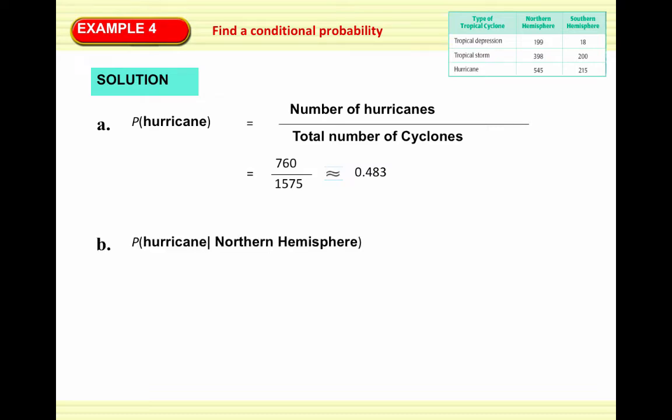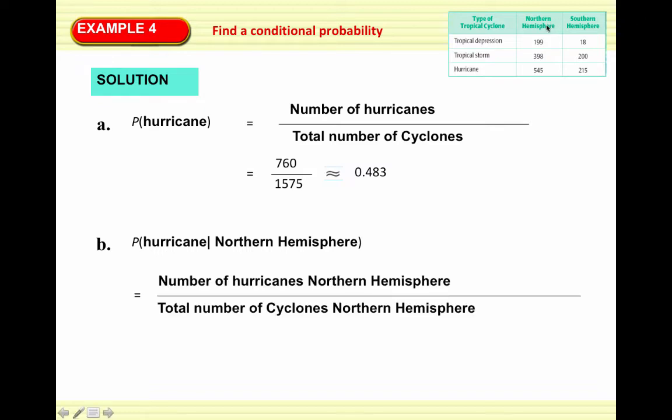Well, let's look at if we're just talking about the northern hemisphere, okay? So this time, we're going to do the number of hurricanes in the northern hemisphere, so 545, and that's going to be divided by the total number of cyclones just in the northern hemisphere, okay? Because our world is shrinking to just the northern hemisphere here.